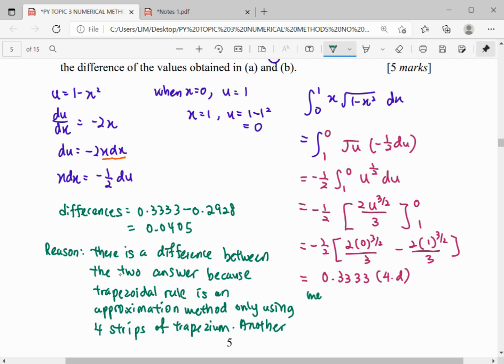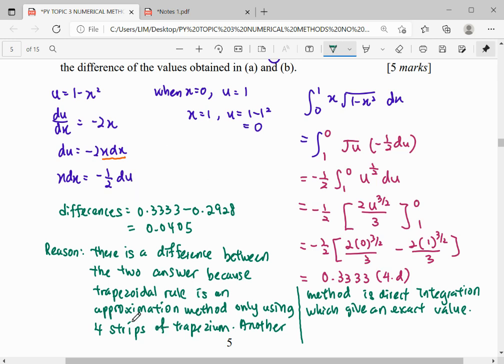The other method here is direct integration, which gives an exact value. Okay, so our reason is that the trapezoidal rule is an approximation method.